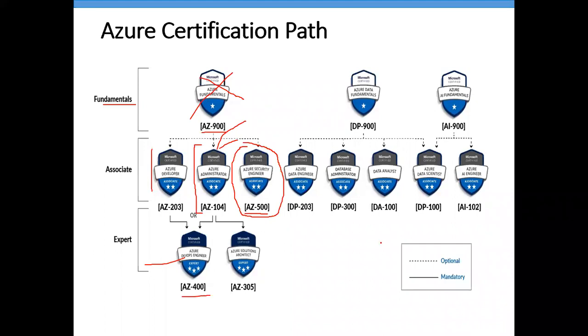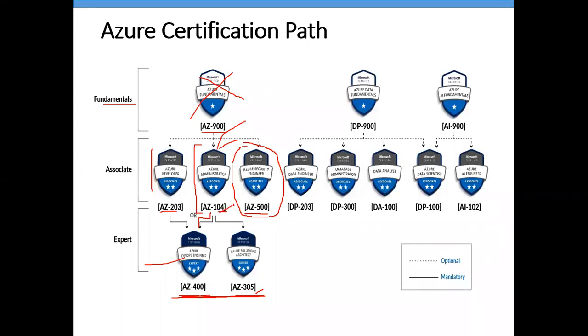Okay, from a certification point of view, do we need to go via this path you are showing, or can we go directly? No, you can't go for these two directly. This is the path. It is mandatory to go for AZ400. You can take 203 or 104, any one. But if you want to go with 305, it is mandatory to have the 104 certification.